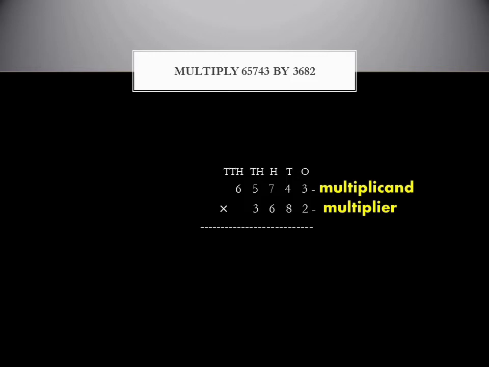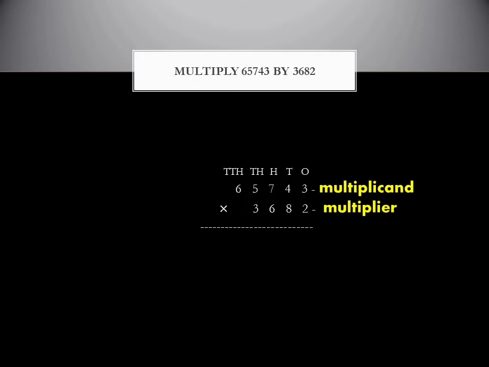Here 3682 is the multiplier and 65,743 is the multiplicand, and the answer of multiplication is called the product. Now while starting the multiplication, we always start from right to left. That means from the ones place.